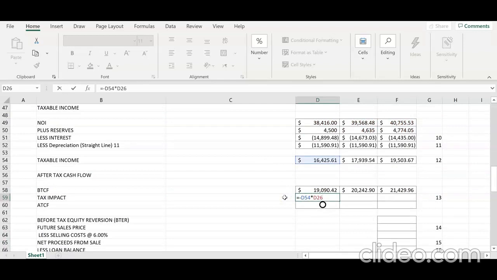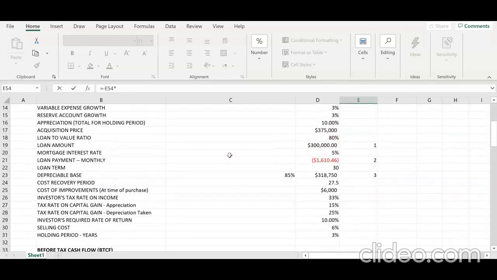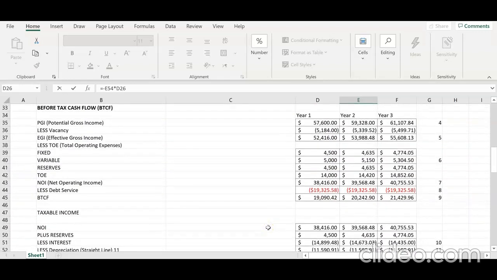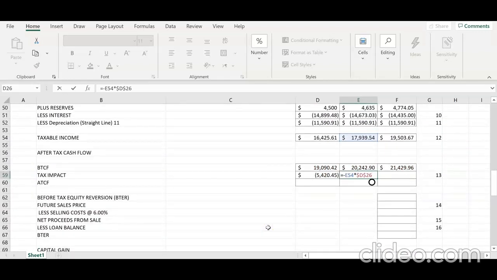And we lock down the numbers with the dollar sign. Here is going to be negative, multiply by 33%. We lock down the numbers, and then we change it to the dollar sign.